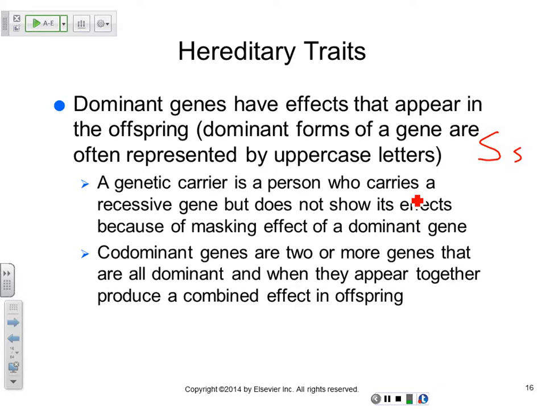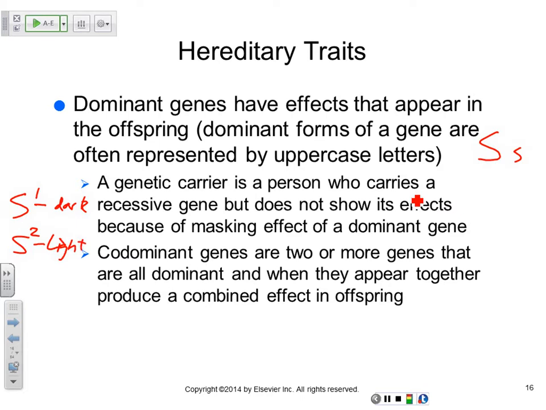Then with that also comes a condition called codominance, where let's say you have two dominant genes for skin color, for instance. Let's say S1 is dark skin color, and then another dominant gene for skin color, S2, is light.